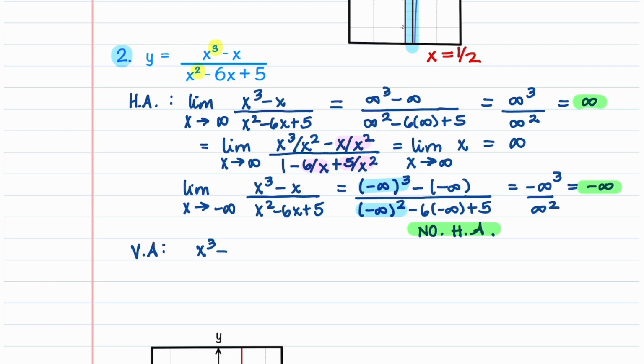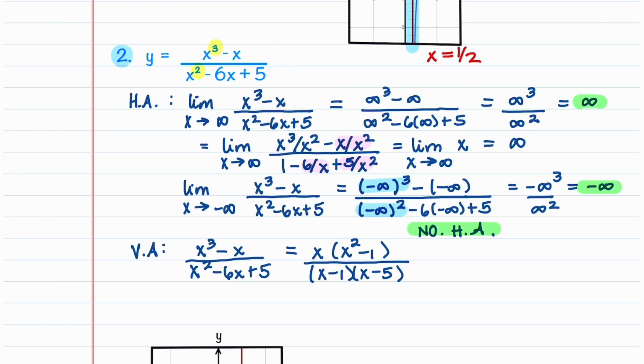We have (x cubed minus x), all divided by (x squared minus 6x plus 5). In the numerator, we can pull out an x, so that leaves us x squared minus 1. And then in the denominator, we can factor this as (x minus 1)(x minus 5).